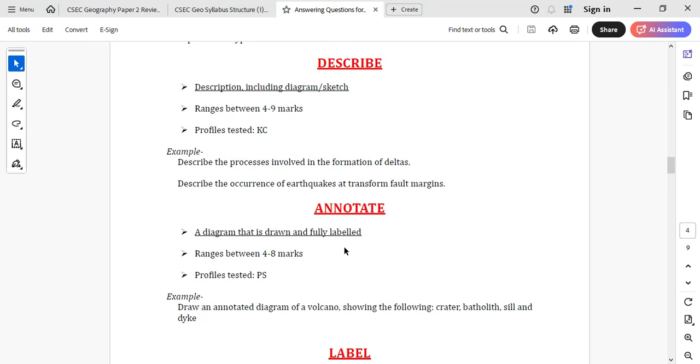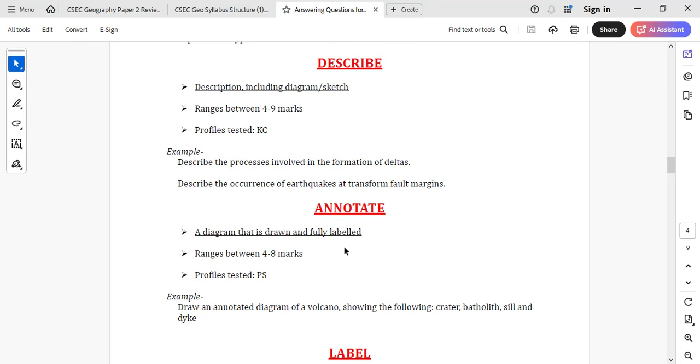If you are asked to explain, particularly for natural systems, I always recommend that you describe the feature as well. You get marks for it as well. So anytime you're asked to explain the formation of any feature or any phenomenon, always provide a description of the feature. Marks will be awarded.